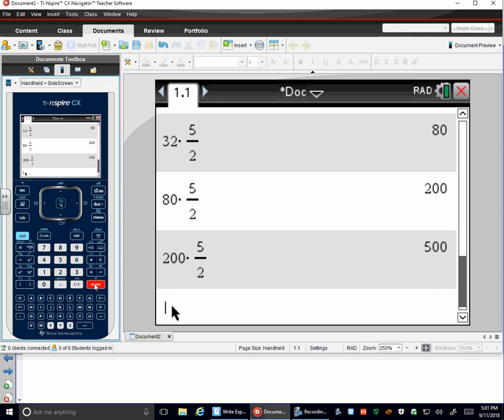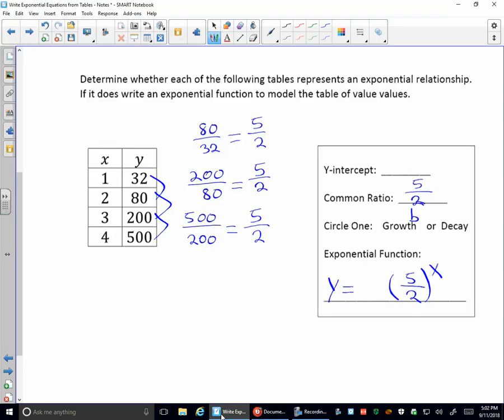So then, how do I work backwards if going forwards is multiplying? Let's hope that you're thinking division. So I need to go back one jump to here. To get back here, I'm going to take that 32 and divide it by 5/2, and this value will give me what we have there. And we can test it too, I'll show you.